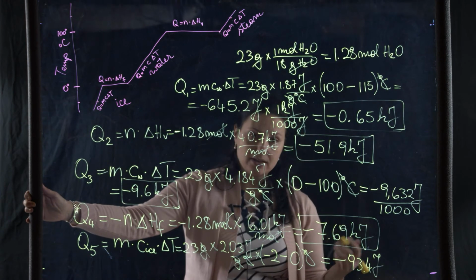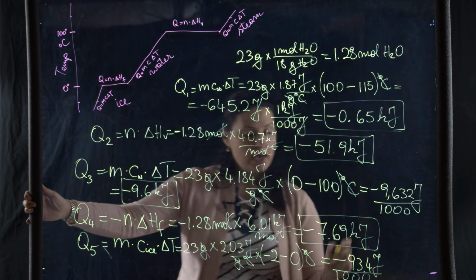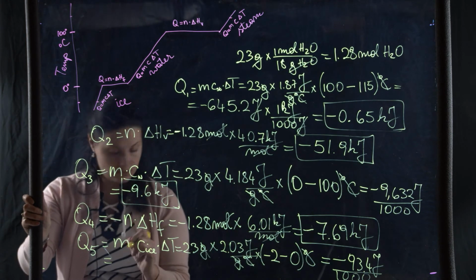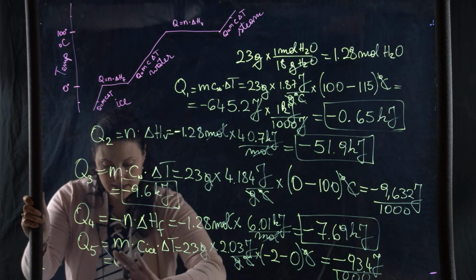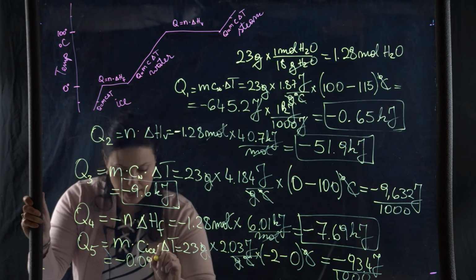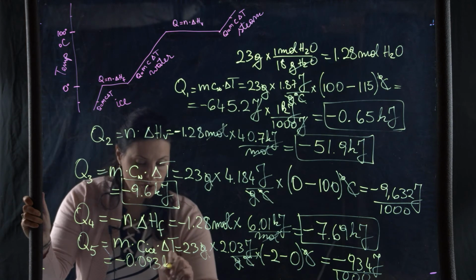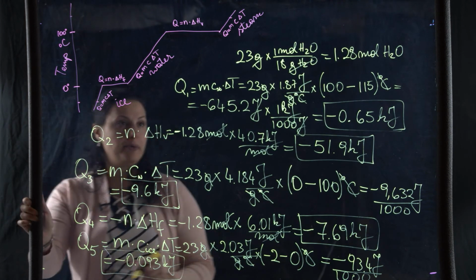To convert that to kilojoules, I divide by 1,000, and that will give me minus 0.093 kilojoules. That's the last step.